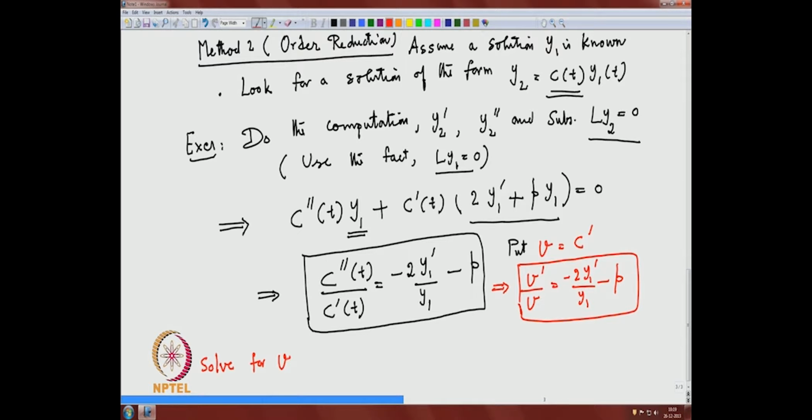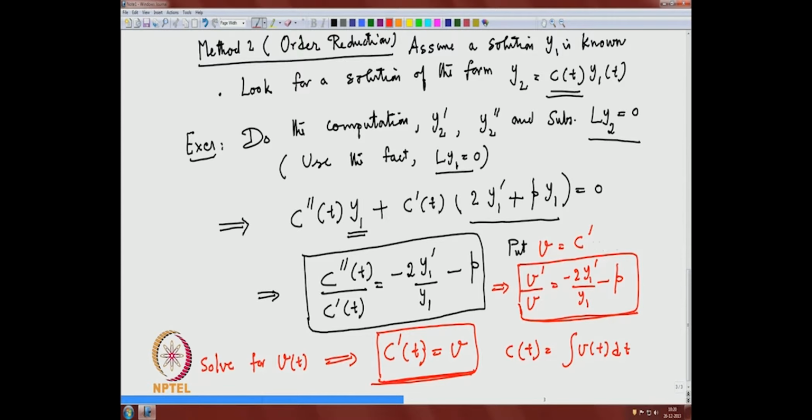Once you solve for V, that is nothing but C prime of t is equal to V. Again you are solving a second equation to solve for C. First you solve for V using the first order equation, and then V is given to you, and C t is nothing but the integral of V t dt. So that is the method of reduction.